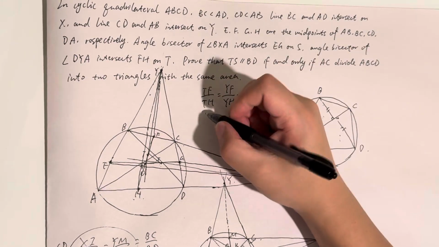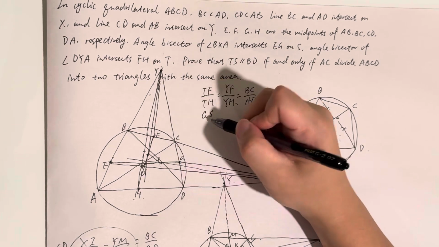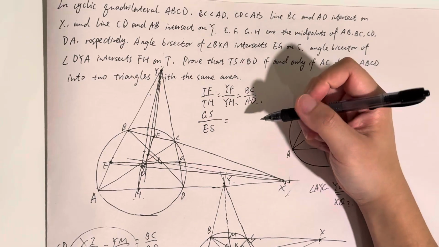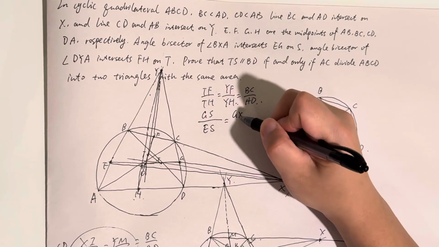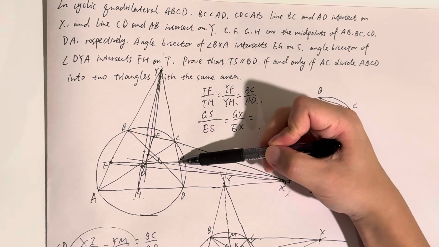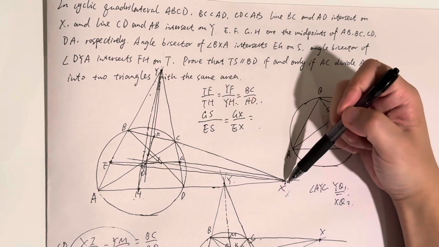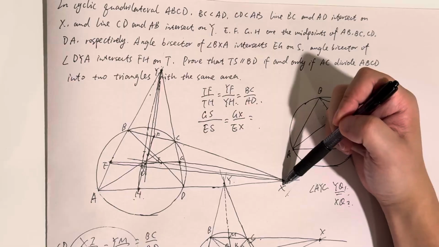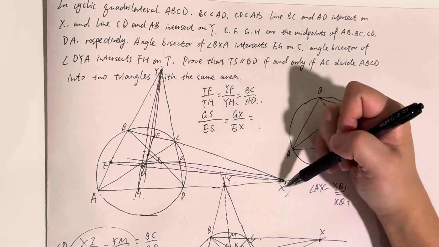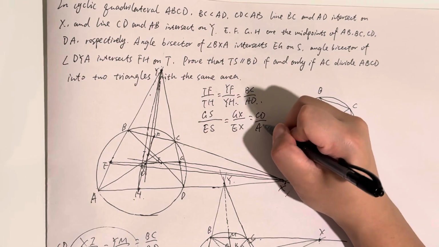So we have GS to ES equals GX to EX. And we already know that G is the midpoint of CD, E is the midpoint of AB. Because triangle XCD is similar to triangle XAB, that means GX to EX equals CD to AB.